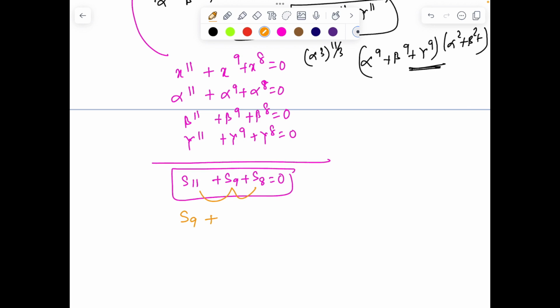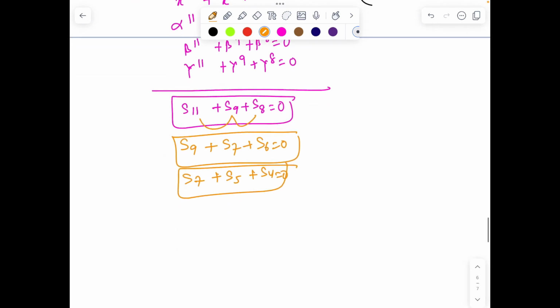Similarly, now S9 I can relate with S7 plus S6. Now again I can relate S7 with S5 plus S4 equal to 0. Okay, exactly in the same fashion, S5 will be related with S3 plus S2 equal to 0.